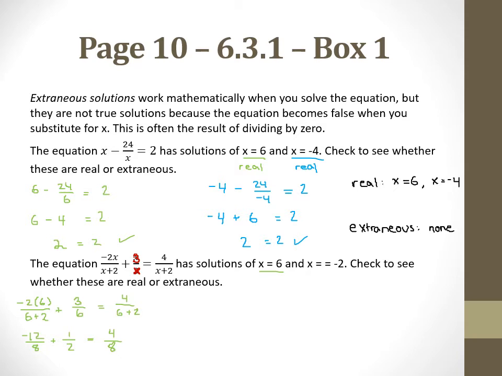Negative 12 over 8 simplifies because both are divisible by 4. Negative 12 over 8 is the same as negative 3 halves. So we've got negative 3 halves plus 1 half, and that's supposed to equal 4 over 8, or we can simplify that as well. 4 over 8 is the same as 1 half.